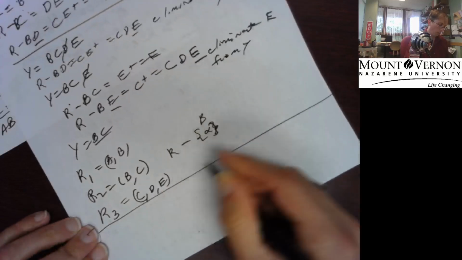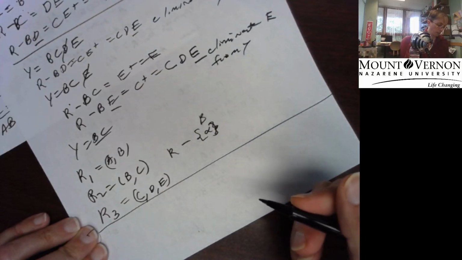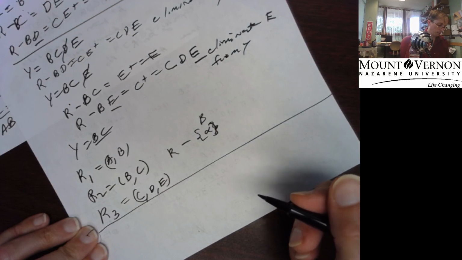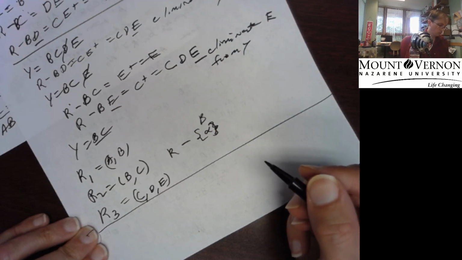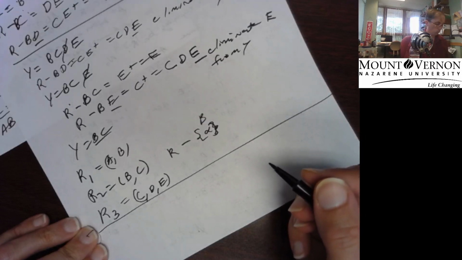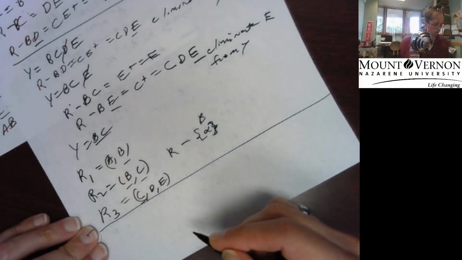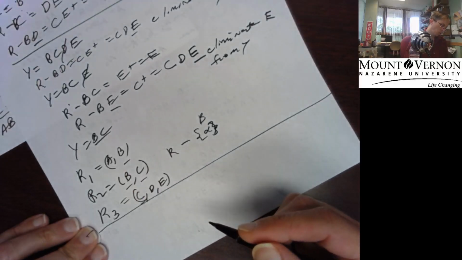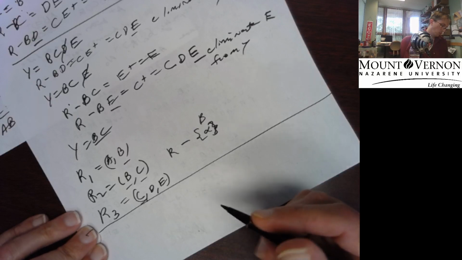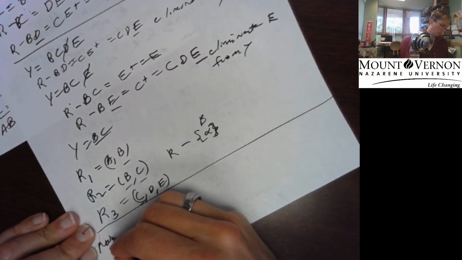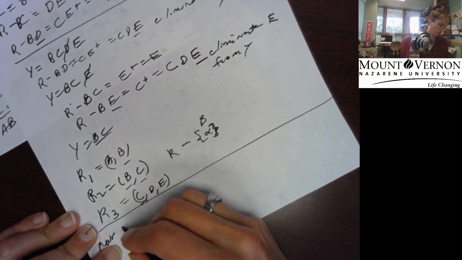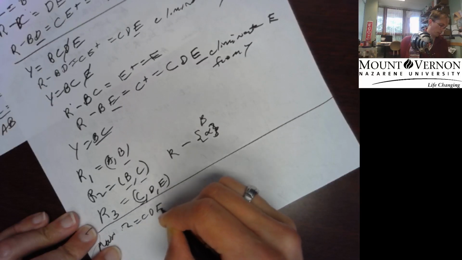So we go back and, well, let's see if we go back to our main stuff, we'll see any more violations. Alright. So Z is equal to CDE.